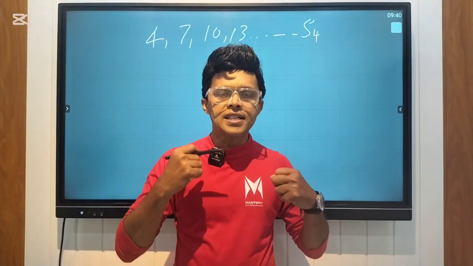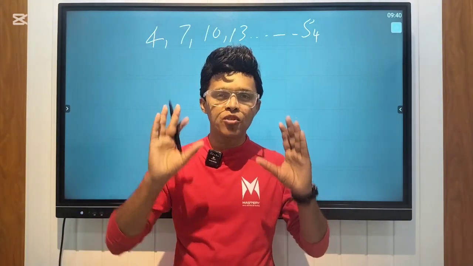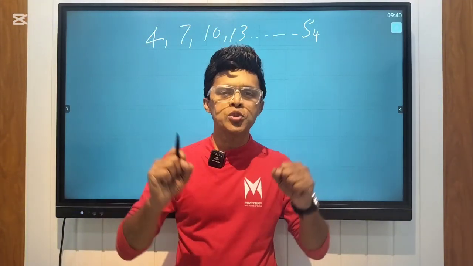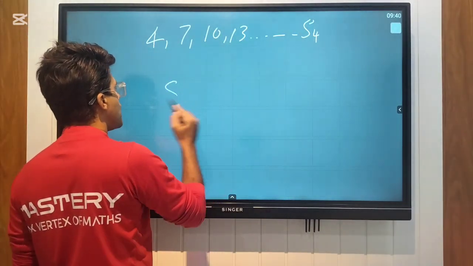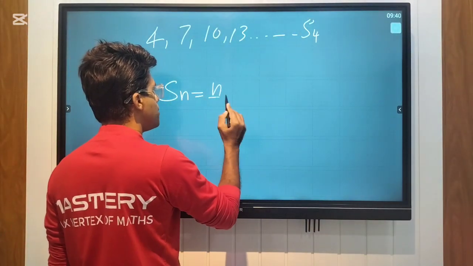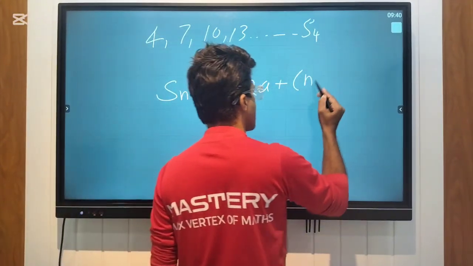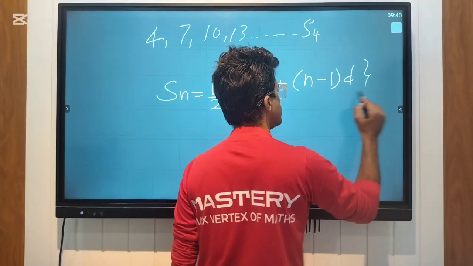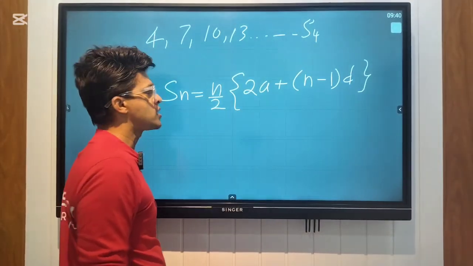To take the sum of the first 4 terms of this arithmetic progression, you need to use this formula. Really, the formula is Sn equals n by 2 times 2a plus n minus 1 times d.